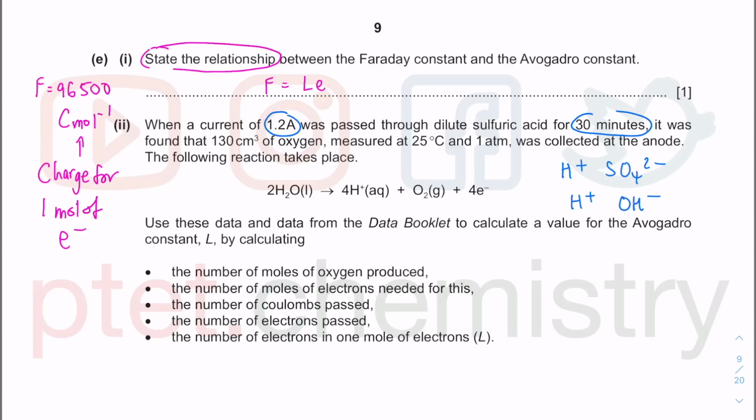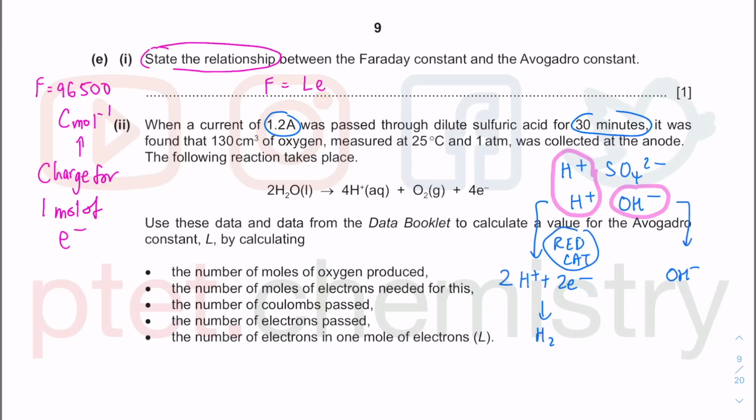The H plus is going to be discharged at the cathode, that's the right word. Between the hydroxide and the sulfate, it is the hydroxide that's going to get discharged. So the H plus and 2 electrons will go to H2. This will happen at the cathode. Reduction happens at the cathode for your electrolysis.